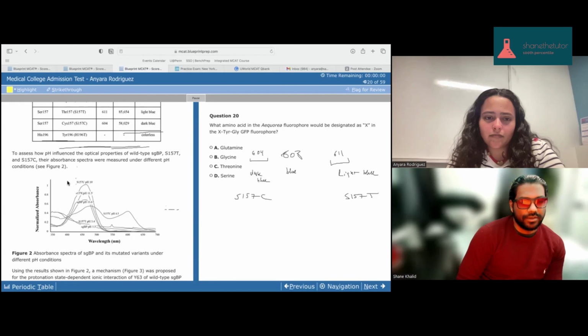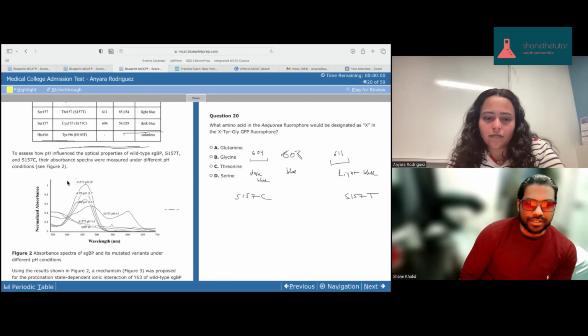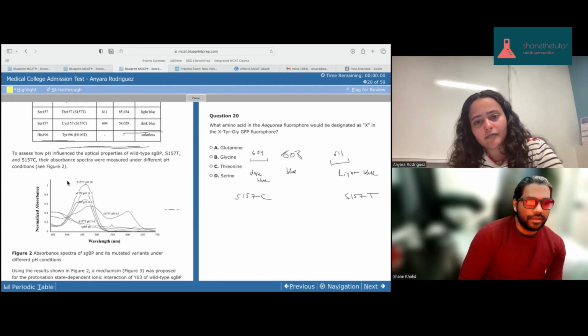So we see here that at pH above 7 or so, a basic environment, the wavelength of maximum absorption is pretty much unchanged, but the absorbance goes down.